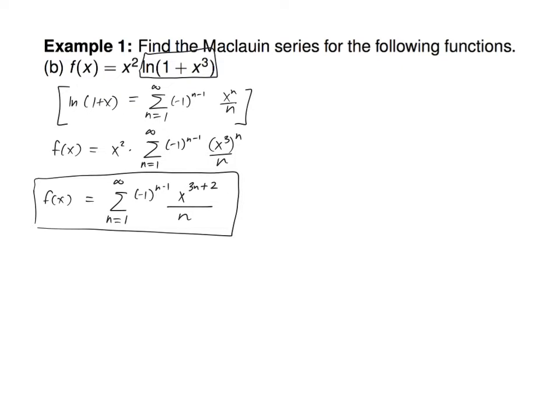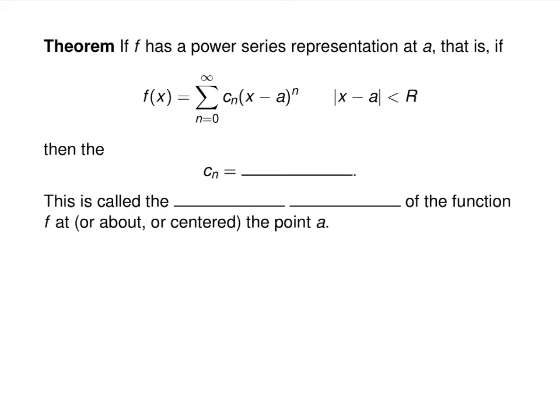Okay. So pretty sure that on Friday you focused a lot on Maclaurin series, right? Which meant that what were you plugging in for your a value? 0. So there's the whole general Taylor series, which we have to discuss a little bit more today. So who remembers what the general pattern was for these coefficients?